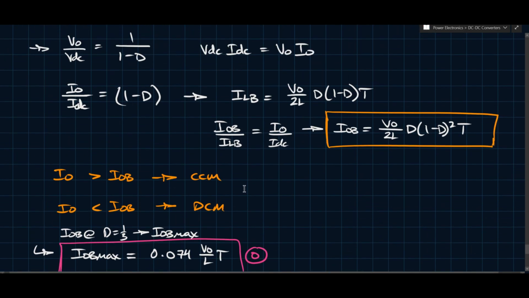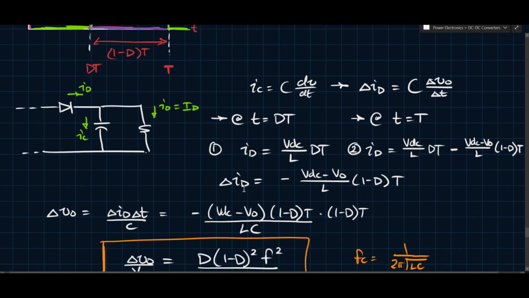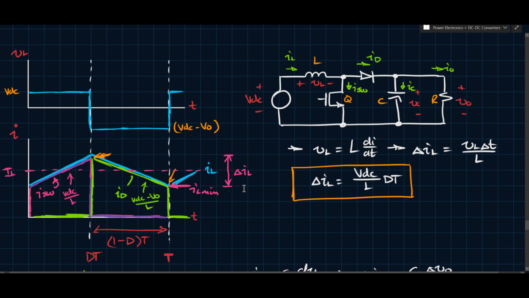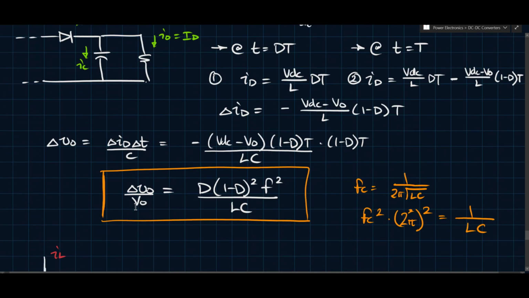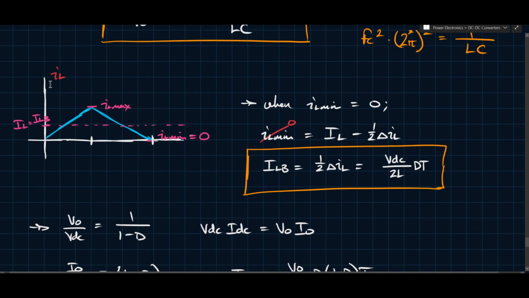So what did we do here? We looked at the continuous conduction mode operation of a boost converter, developed the ripple equation, and then we developed an equation for the capacitor voltage ripple, or capacitor depending on what you're looking for. And then we looked at this boundary condition and this boundary current.